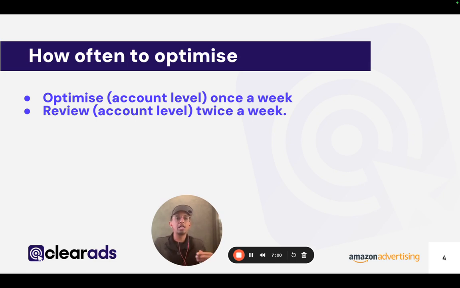So it doesn't really matter about an attribution window. If there's a lot of sales coming in for a particular type of keyword, it's relevant and the conversion rate is strong, whatever metric you're looking at, so conversion rate or profitability, ACOS, whatever it is, if it's strong and there's potential to increase it, increase it. Especially with those campaigns that have budget limitations.